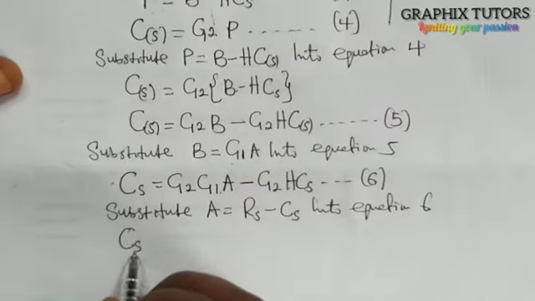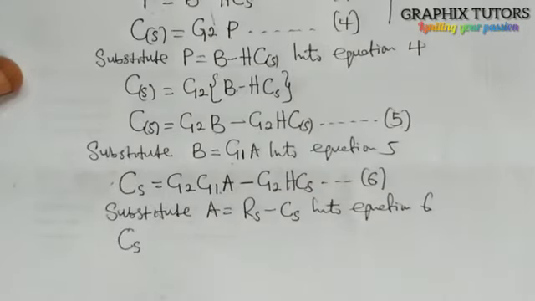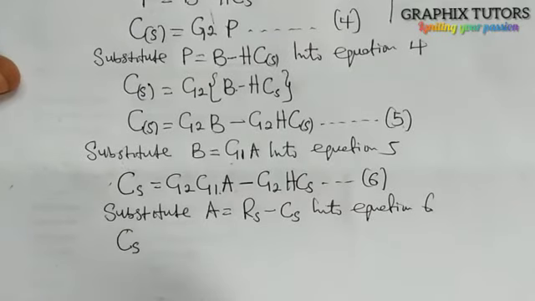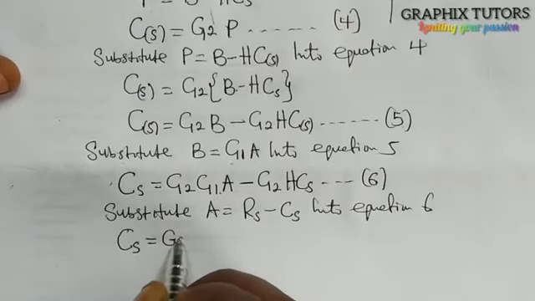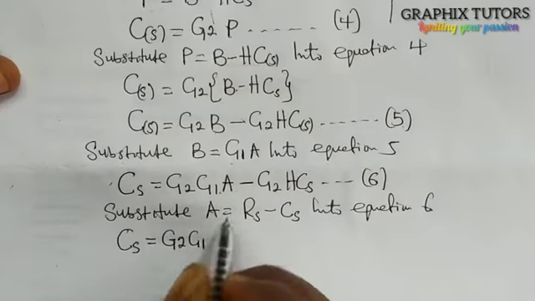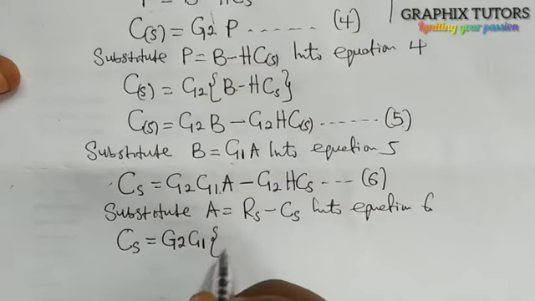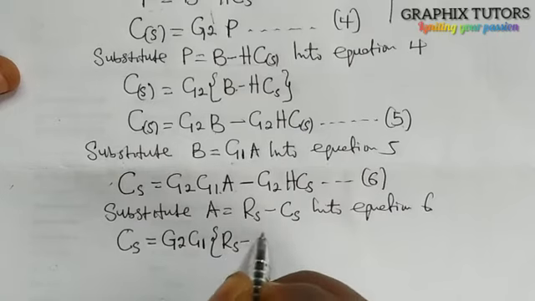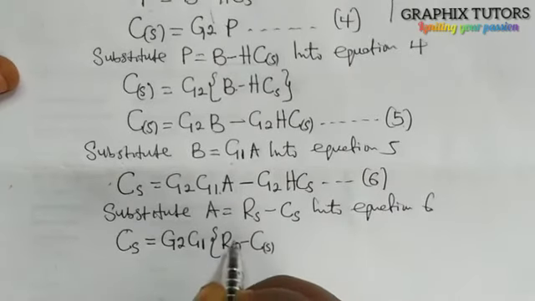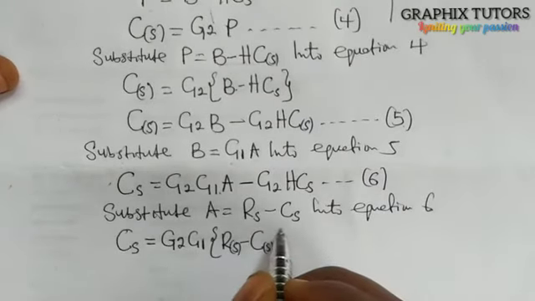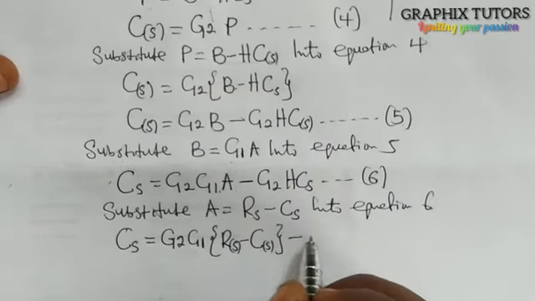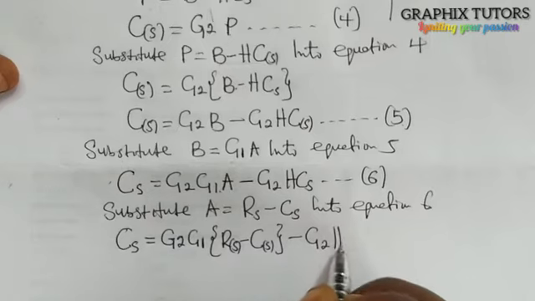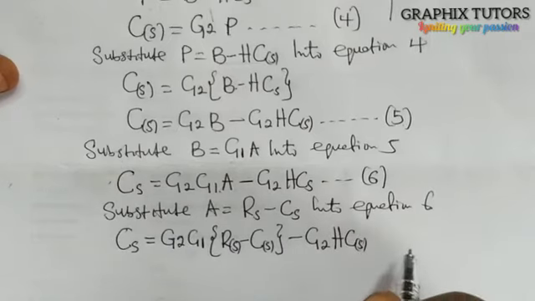So if I do that, I'm going to be having C(s) equals G2G1. So I'm writing the A, I'm going to put R(s) minus C(s). That is the input minus the output, right? I'll close the brackets, minus G2HC(s), right?